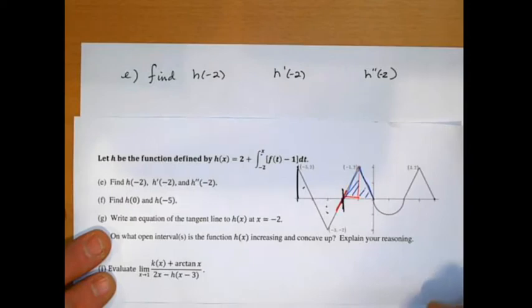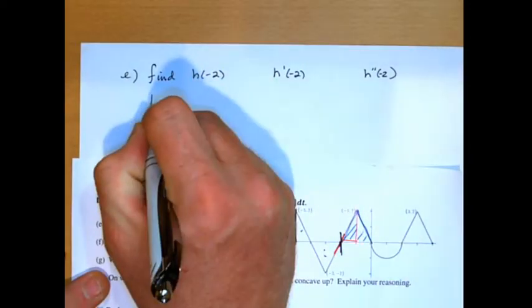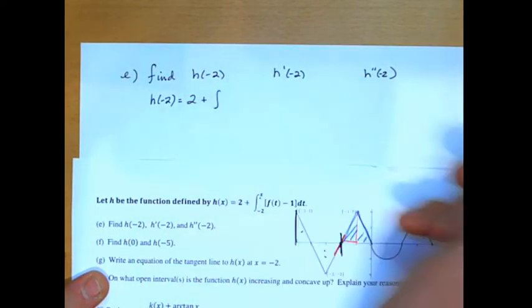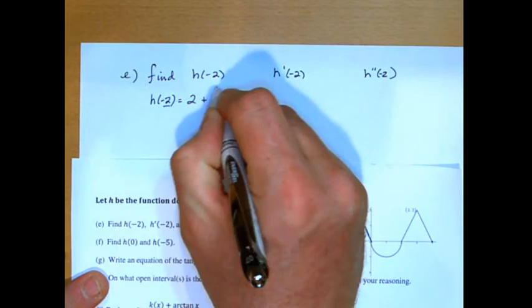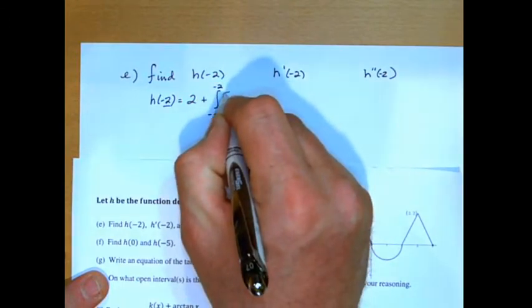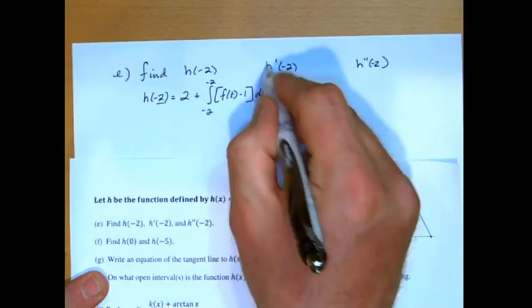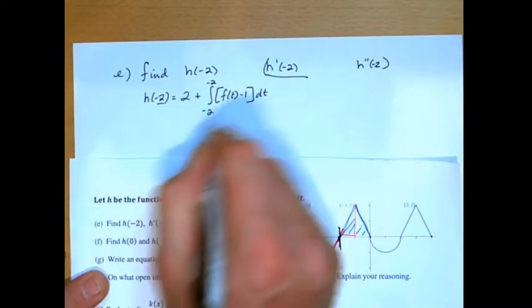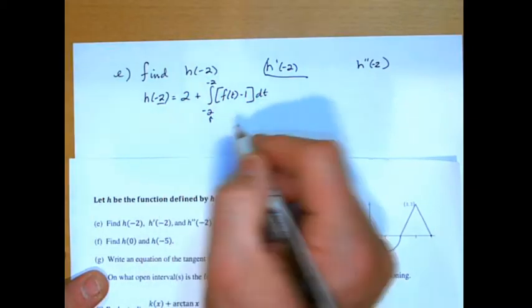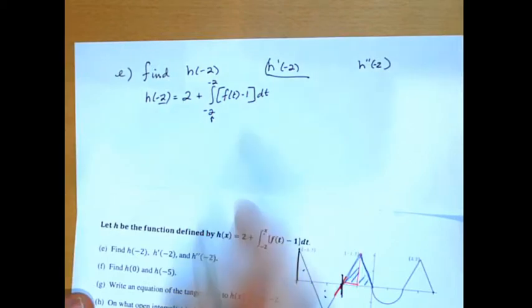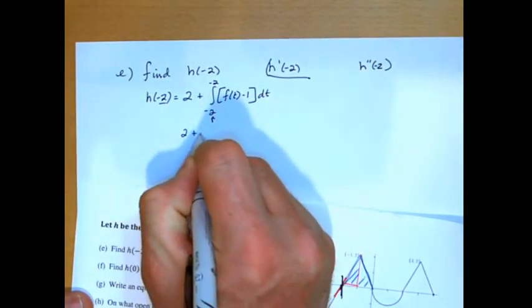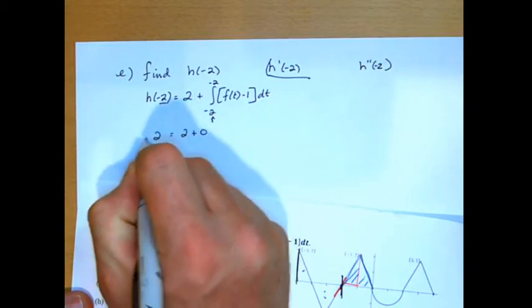The first thing is to find h of negative 2, which is 2 plus the integral from negative 2 to negative 2 of f of t minus 1 dt. Anytime the a and b values are the same, it becomes an area of 0. So this would be 2, and that is the value of h of negative 2.